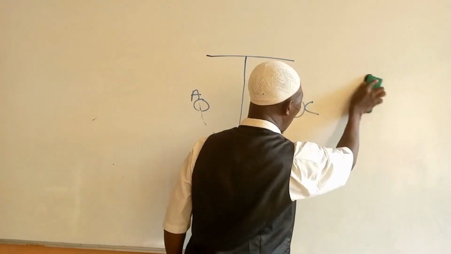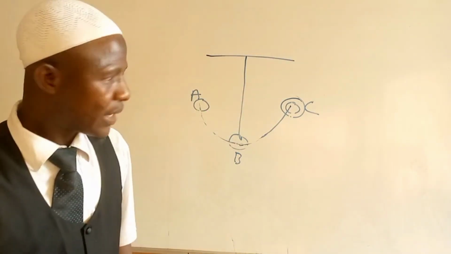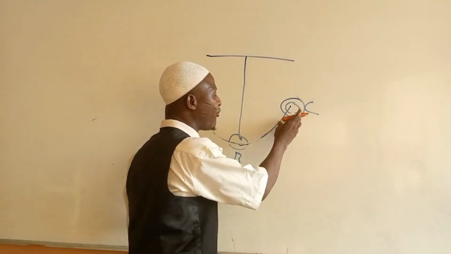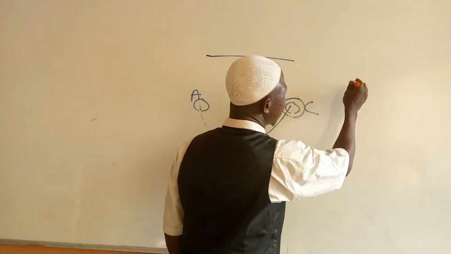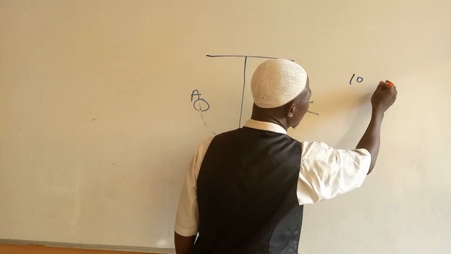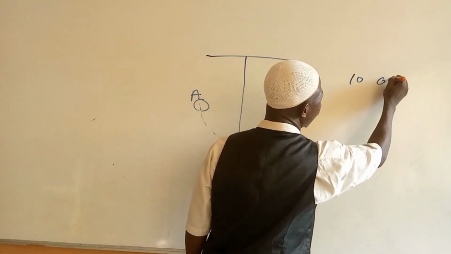Therefore, if I want to calculate the period, I set this object into oscillation and allow it to make 10 complete oscillations.